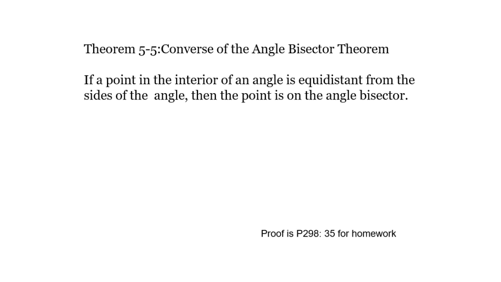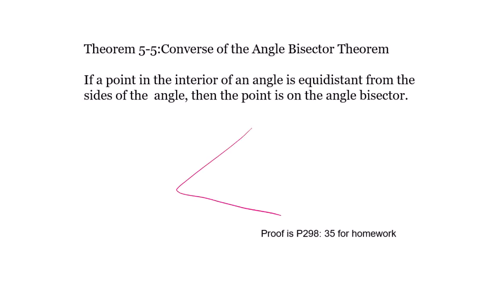All right, so next here's the converse of the angle bisector theorem. So we talked about not all converses being true, but in these last two cases, they've been true, right? So this is theorem 5-5 in the book. It says if a point in the interior of an angle is equidistant from the sides of the angle, then the point is on the angle bisector, right?